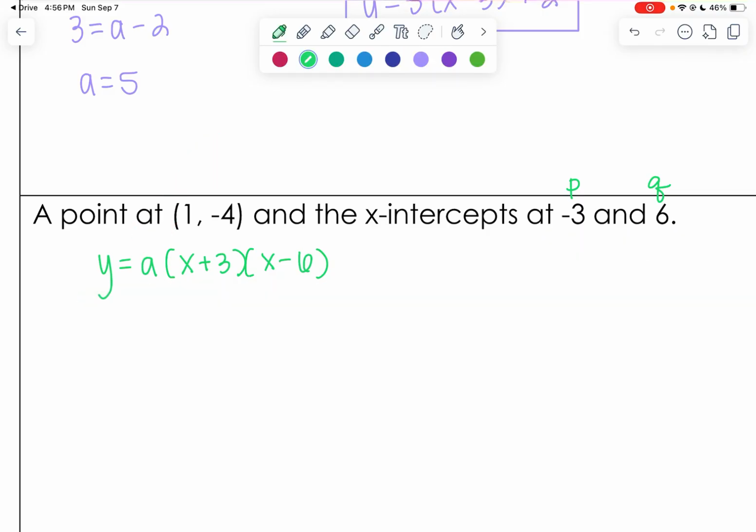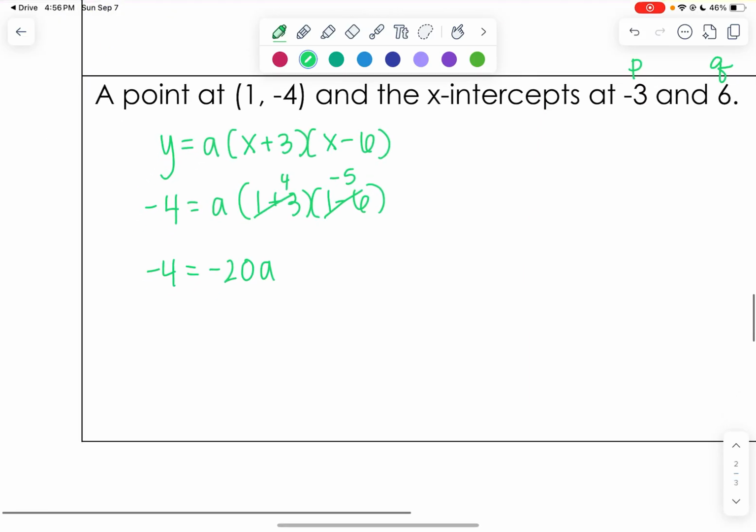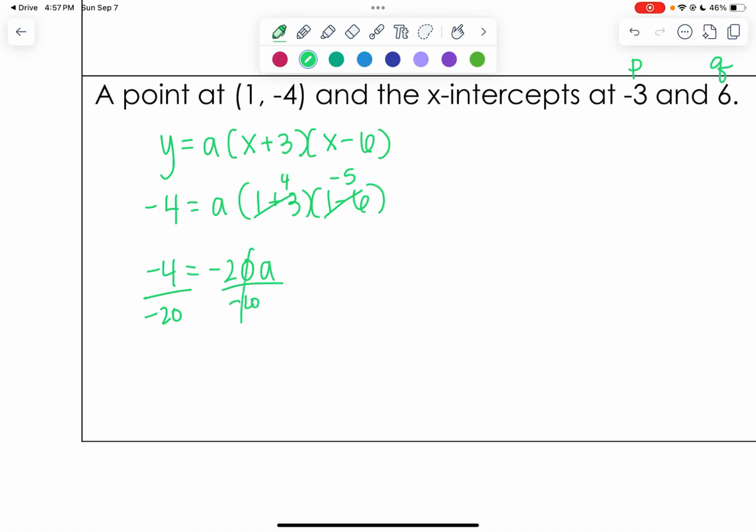So now I'm going to plug in (1, -4). So y is -4 equals a times (1 plus 3) times (1 minus 6). So 1 plus 3 is 4, and then 1 minus 6 is -5. So -4 equals 4 times -5, which is -20a. So if you divide by -20 on both sides, okay, -4 over negative is going to be a positive, and then 4 over 20 simplifies to 1/5.